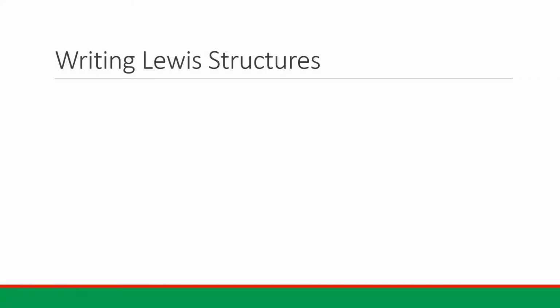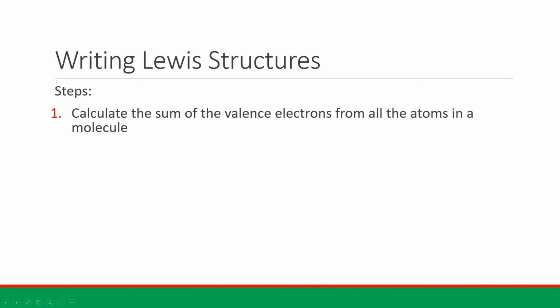Okay, so now that we know the literal definition of a Lewis dot structure, we can go ahead and start writing down the rules and start practicing how to draw these different structures out. So whenever you're given the formula for a compound, it is very important that you follow these rules to a T. So the first thing that you need to do is calculate the sum of the valence electrons from every single atom in that molecule.